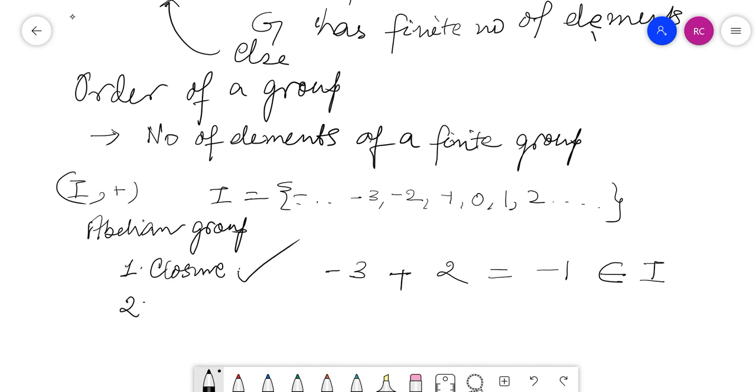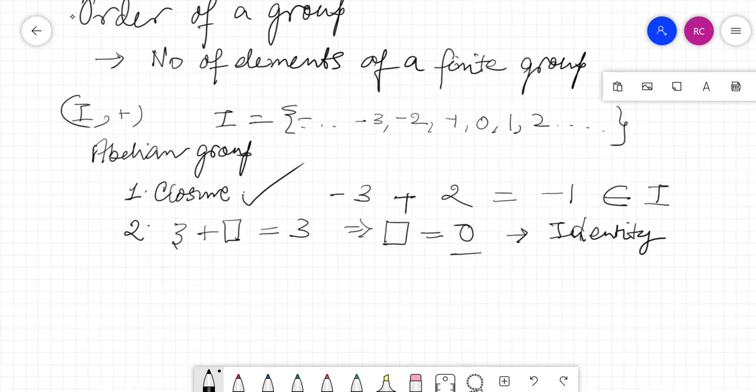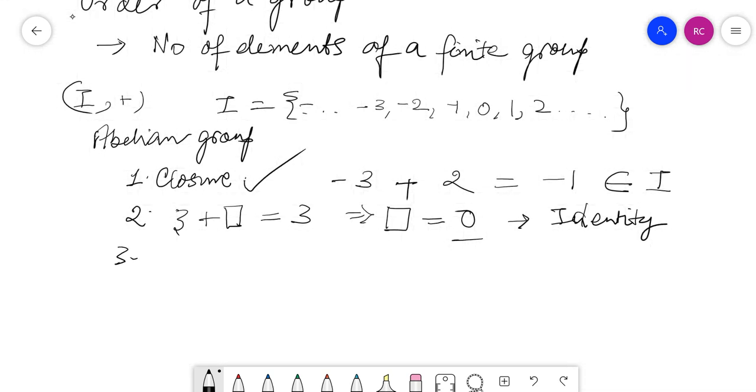Next, you have an identity element. And what is that identity element? So say box is the identity element. Say 3 plus box is equal to 3, so box is equal to 0. So 0 is the identity element. Next we have, say A plus B is equal to 0.